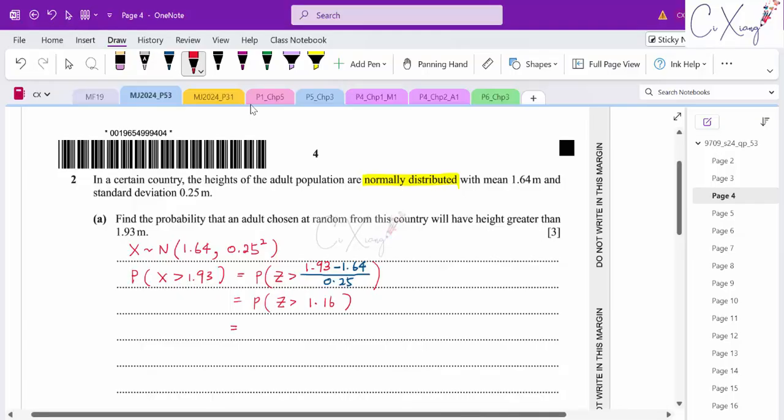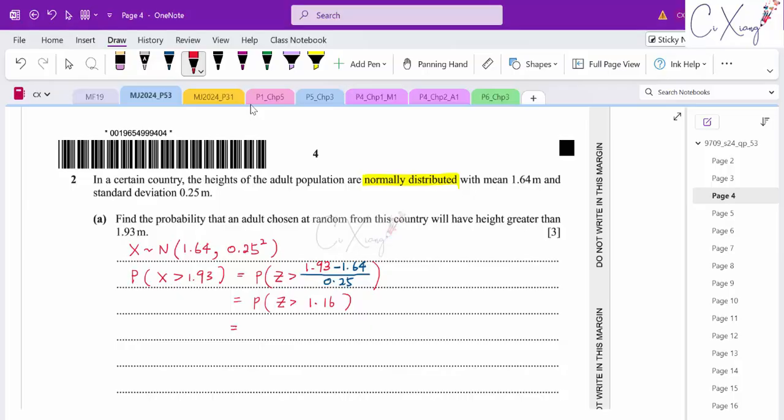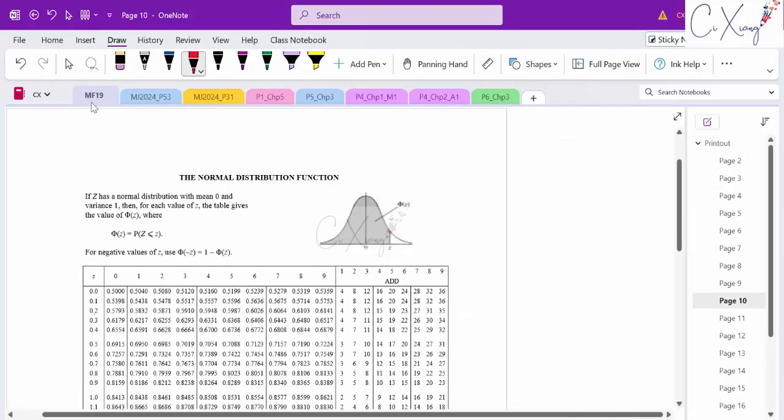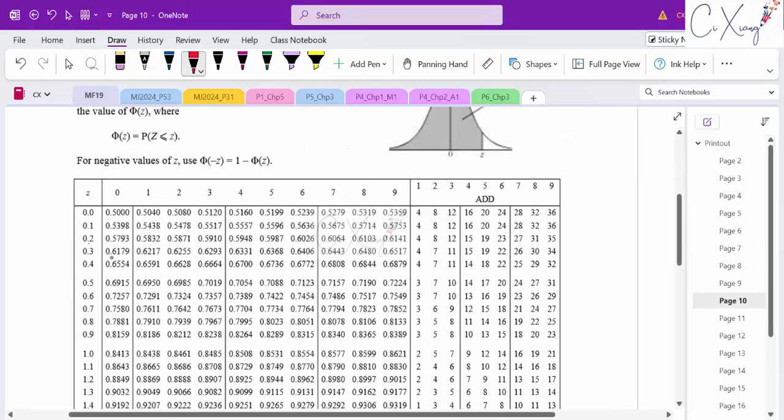Then again, we should continue to use the normal table to find out the probability. But for the normal table, they only give us the value where Z is smaller than a particular number. But we are looking for Z greater than. Therefore, we have to take 1 minus the value that we get from the table. So go to the normal distribution table, looking for 1.16. Where's your 1.1?